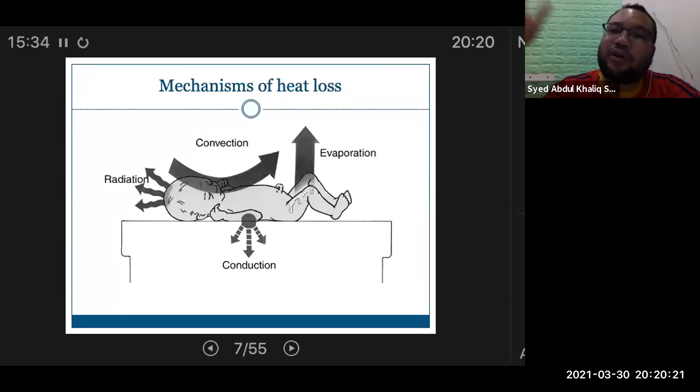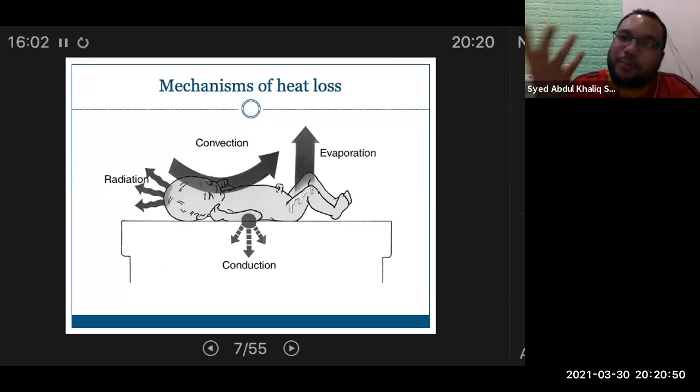Next is convection. Convection is like a fan, spinning. So more air movement, more heat transfer by convection. Next is evaporation. Energy is never lost, it is transferred, changed. When fluid changes into vapor, the byproduct is that you lose heat.